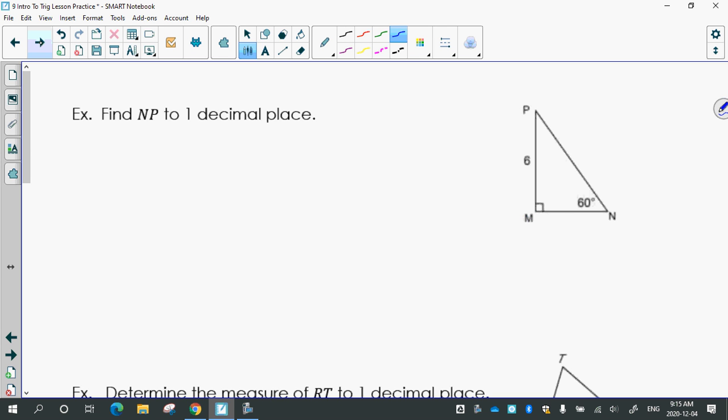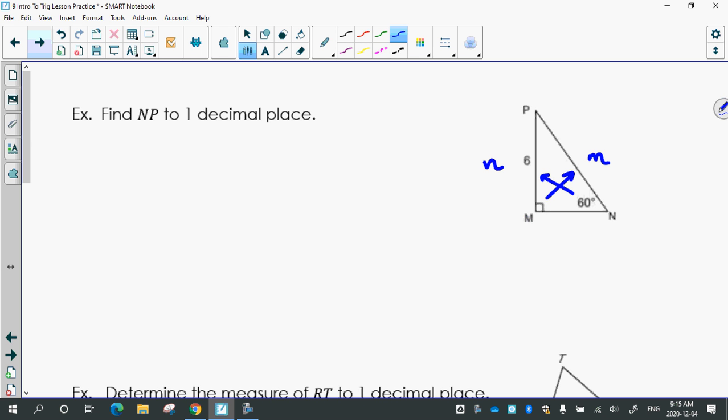when you're using triangles, angles are always named using capital letters, and sides are always named using small letters, okay? In a certain way. So if this is angle M, the side across from angle M is little m, lowercase m. And if this is angle N, the 60 degrees, then the side opposite of that is lowercase n.